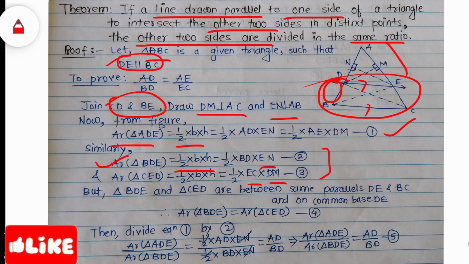So in the 9th class we have studied one concept, that whenever triangles, or an infinite number of triangles, are situated in between two parallel lines on the same base, then their areas are equal. So here these two triangles are situated in between the same two parallels and they have the same base, so obviously their areas will be equal. I have given this in equation number 4, that area of BDE and area of CED are equal, because the reason is already provided above. You can see this is the reference.